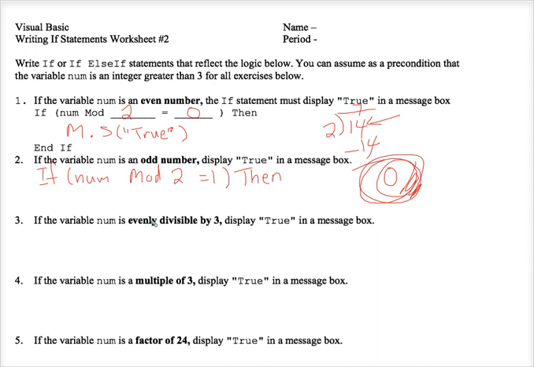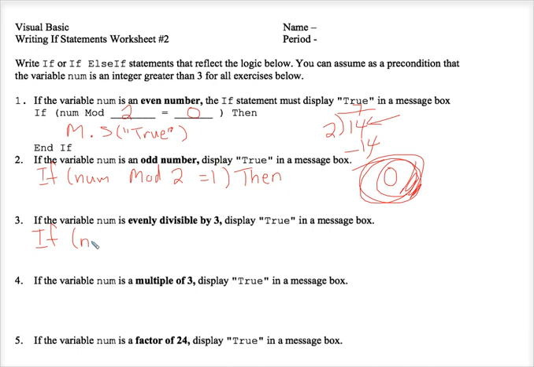Number 3, to test if a number is evenly divisible by 3. Well, it's very similar to testing a number if it's evenly divisible by 2, which is all an even number is, evenly divisible by 2 numbers. So number 3 is just like number 1.